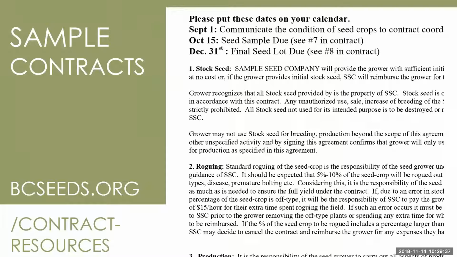They cover all sorts of things: your expected planting dates, what your check-in dates are going to be like, and what kind of roguing and isolation distances are going to be required. These companies do a fairly good job of keeping in contact with you throughout the season. Communication is a really important aspect of making sure that the seed they're buying and contracting is of high quality.